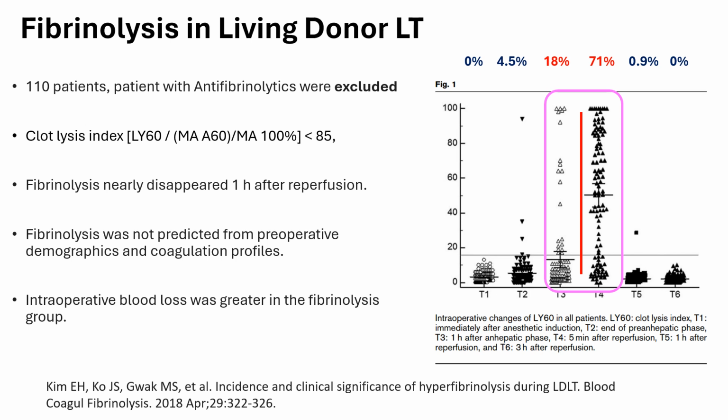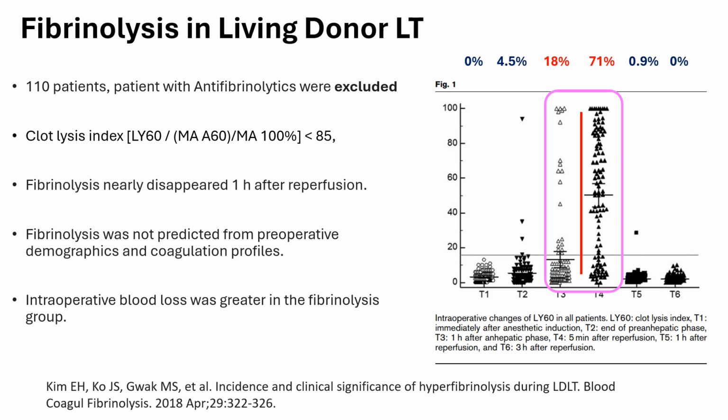T5 is 1 hour after reperfusion, and nearly in all patients, fibrinolysis resolved on its own, and only 1 patient, which is 0.9%, had fibrinolysis. T6 is 3 hours after reperfusion, and in all patients, fibrinolysis has been resolved on its own.